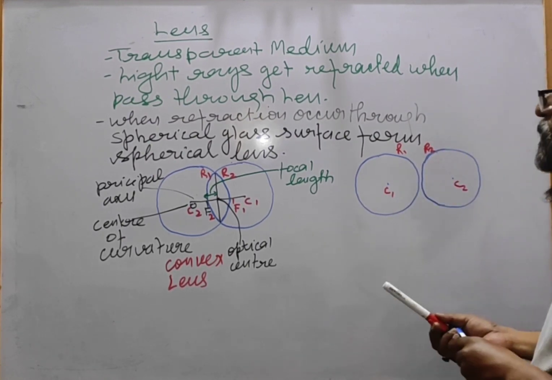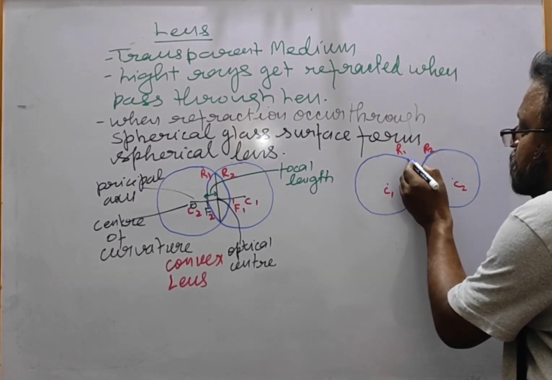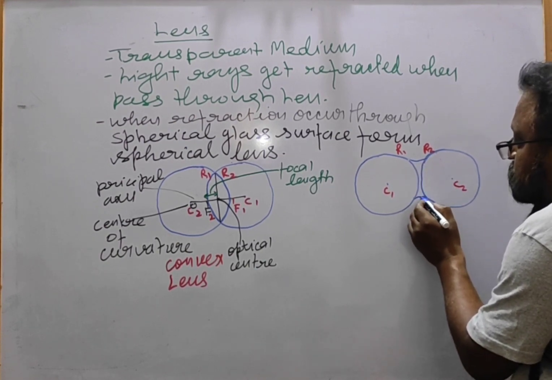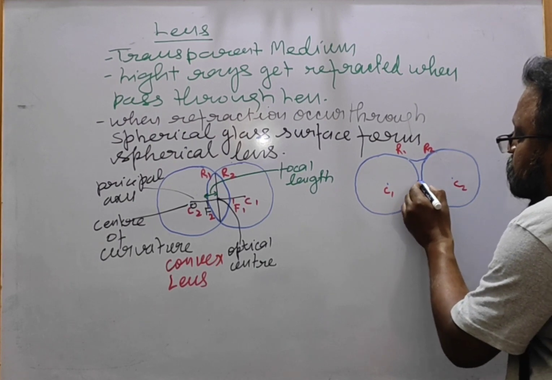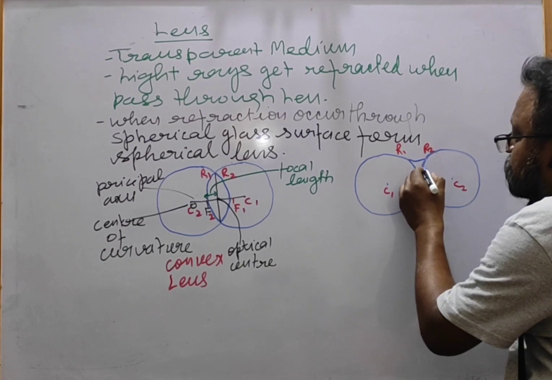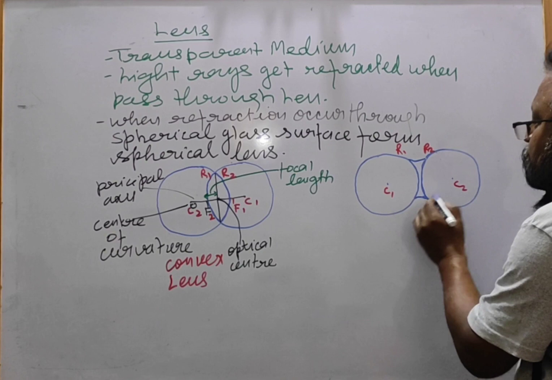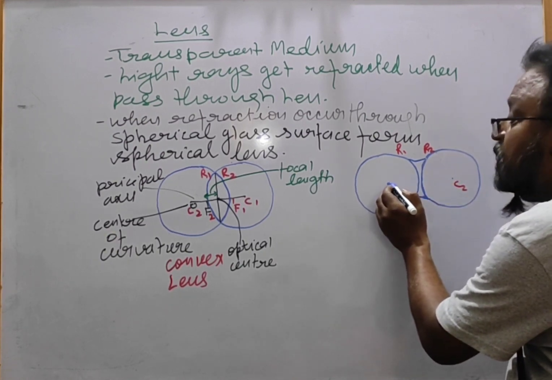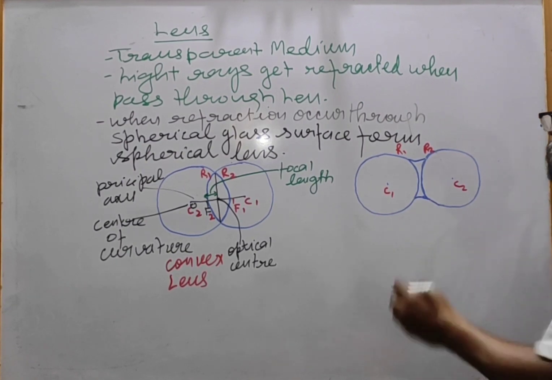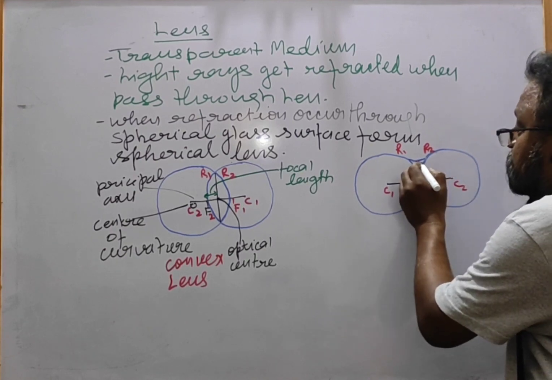The line joining two centers is known as principal axis.